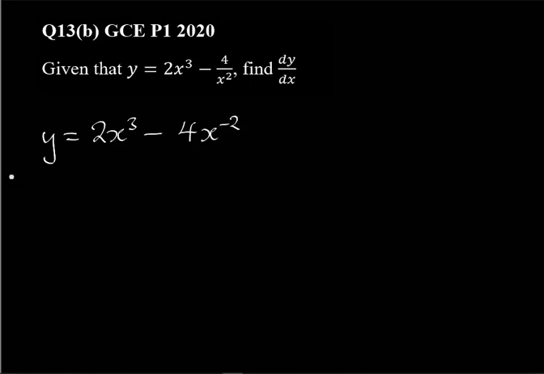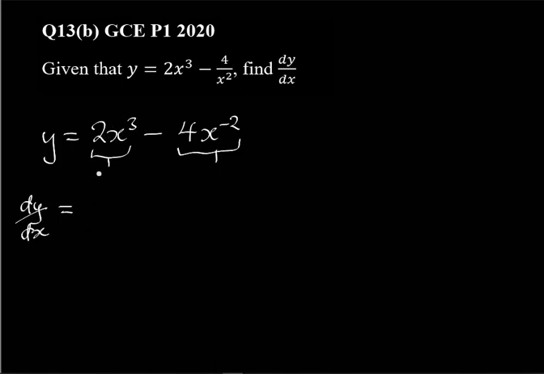Now, something cool about differentiation and integration is that when two terms are separated by addition or subtraction, you can differentiate each of these separately and then combine your answers. So what that means is the answer dy dx is equal to this here differentiated.